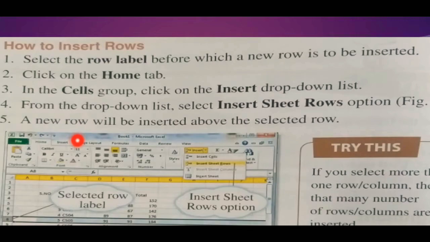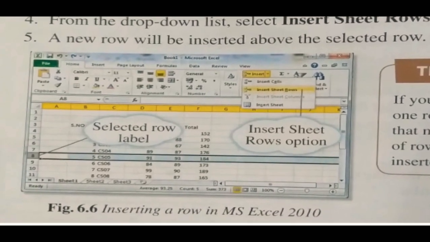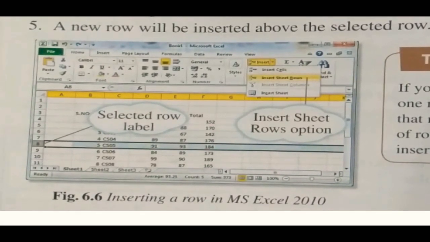A new row will be inserted above the selected row. This is the selected row label. This is the Insert Sheet Rows option.